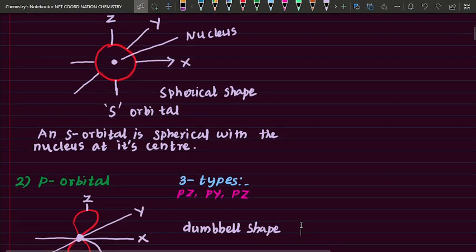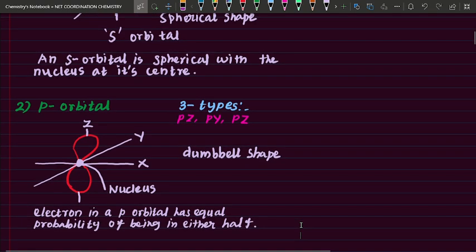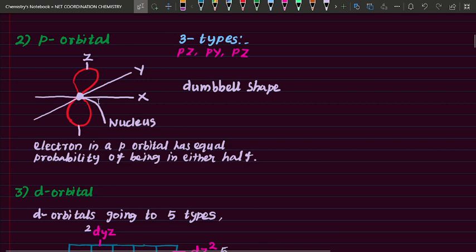Let's see the p orbital. See, this is the p orbital. This shape is a double lobe shape. It has three types: px, py and pz.